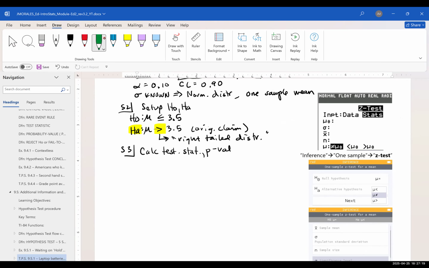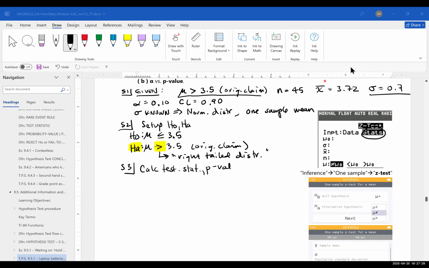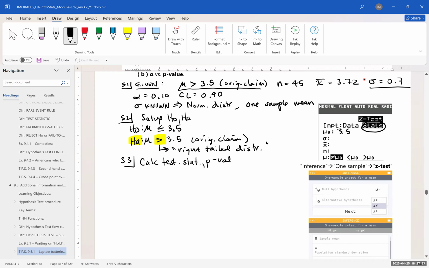So let's see here. For the z-test, we're going to be dealing with stats. This value, mu naught, is this value of 3.5, so we'll put 3.5 there. We've got a standard deviation of 0.7, sample mean of 3.72 hours with a sample size of 45.